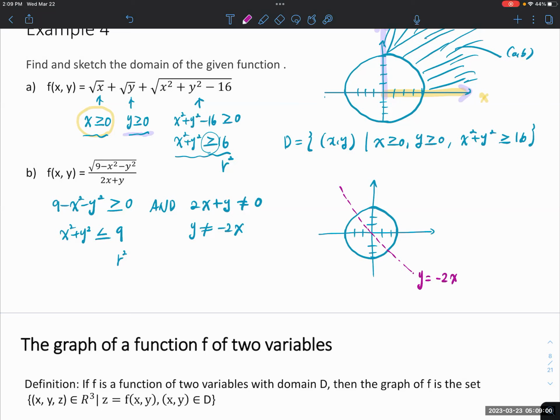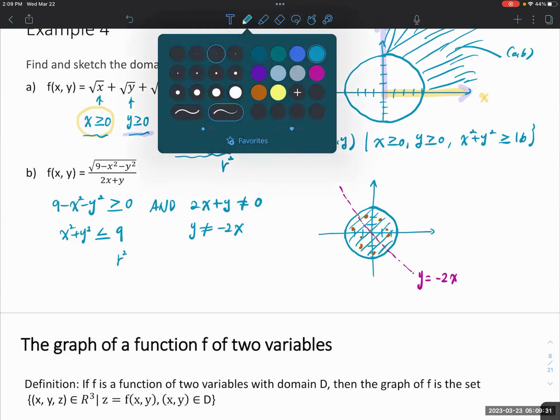So you can have infinite coordinate points inside of this circle. You might have exactly the points that pass through the line, but you cannot have those coordinate points because y is not equal to negative 2x. So we're going to skip that. You can have any points as a domain, but you cannot have any points on this line because that is not going to be part of your domain.